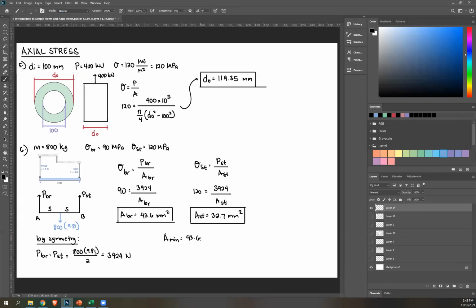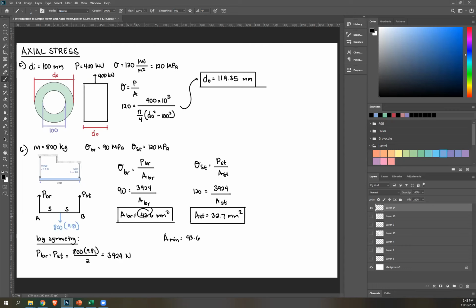Why? To explain, look here. This means that your steel needs at least 32.7 millimeters squared area for it to function. Anything less than this, your steel will fail, your cable will fail. Same thing here. Bronze needs at least 43.6 millimeters squared of area in order to function.